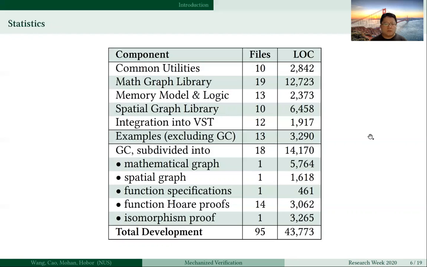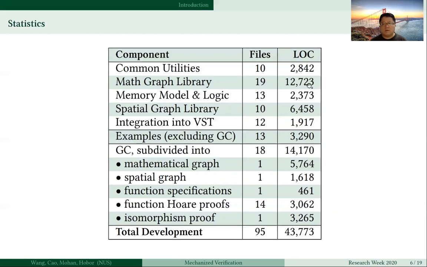Here are the statistics of our development. As we can see, the major part is the mathematical graph library. It cost more than 12,000 lines of work. And the spatial graph library takes more than 600 lines of proof script.